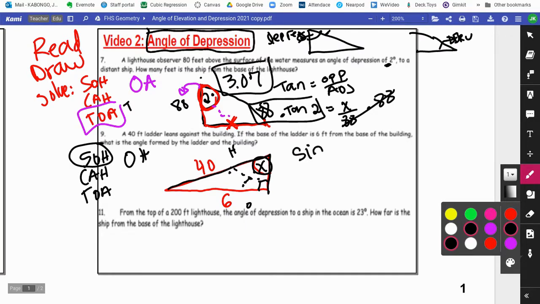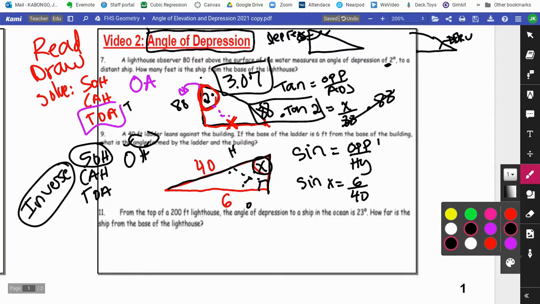So sine means opposite over hypotenuse, O and H. So sine x equals, what's opposite? 6 over 40. But since you are looking for the angle, you have to do the inverse. Inverse when you're looking for an angle.